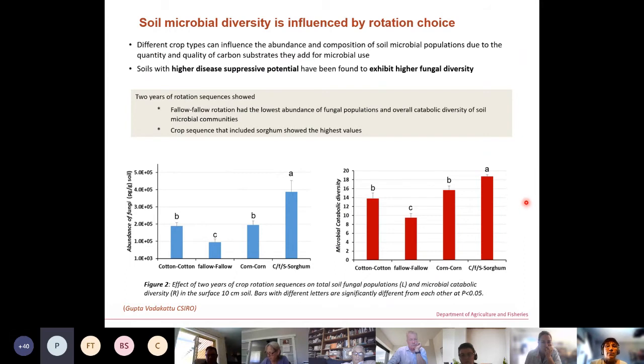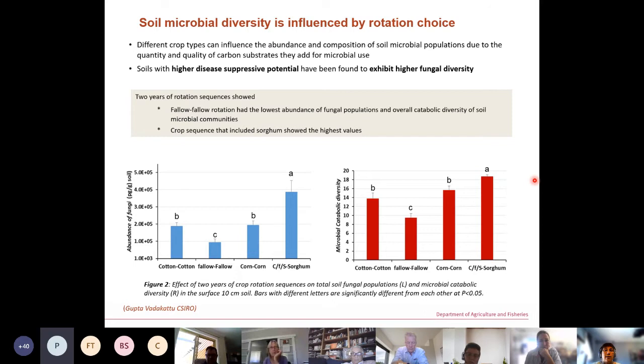So this is because I mentioned how the bare fallow reduced inoculum, but I want to stress that with our work with Gupta, we're looking at soil health.